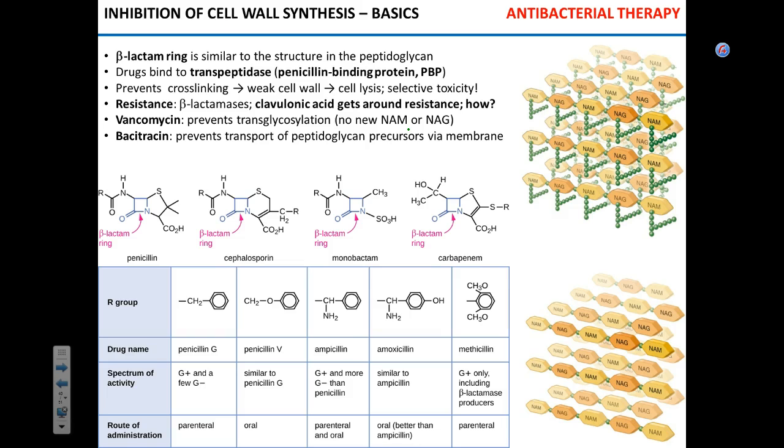And if cell wall is not built properly, for instance, cells actually can die. Not only may they not replicate, they will die eventually. Does that make sense? So there are three major classes of drugs that inhibit cell wall synthesis. One is beta-lactam antibiotics.